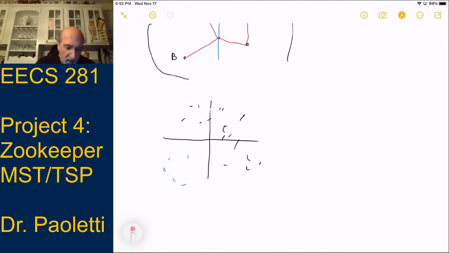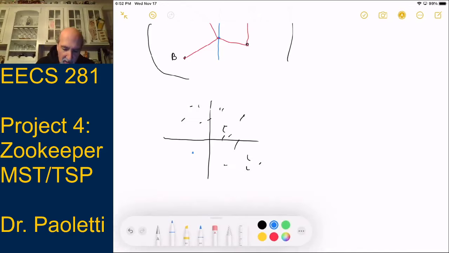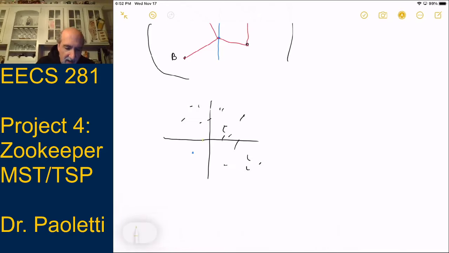What if it was something like this? I'm trying to get rid of a bunch of these. What if I had something like this? I've got one wild one, and I'm going to make it green here, I've got to have at least one on the border. So if I've got safe and wild, there's got to be at least one border.